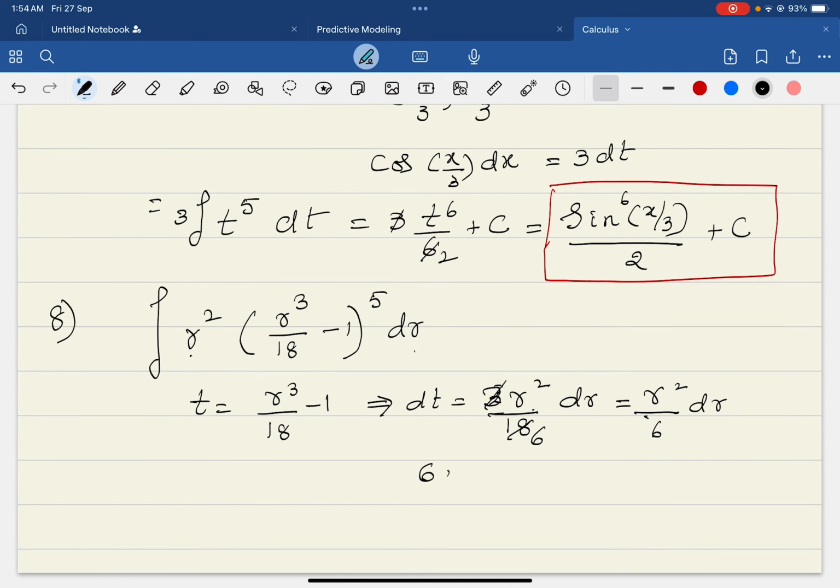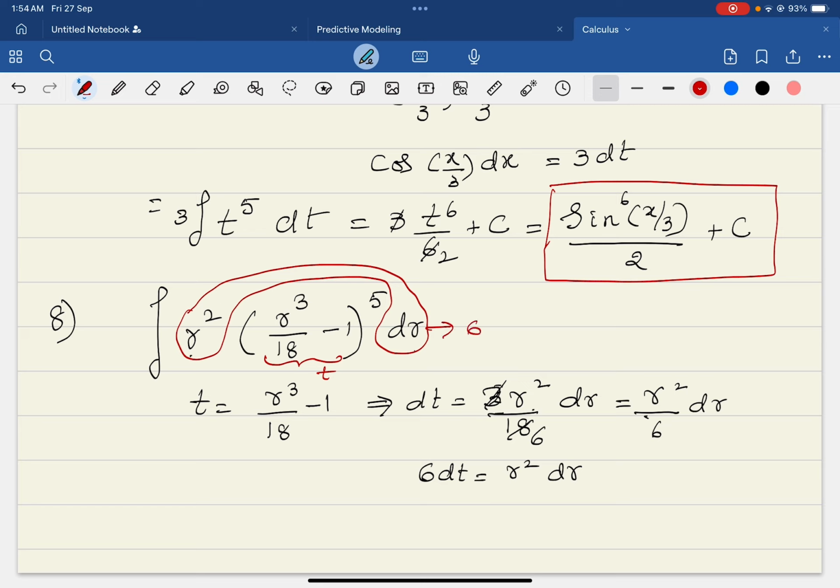So we multiply by 6, and 6 dt is equal to r square dr. So this is what we got. So we replace r cube by 18 minus 1 as t, and we replace r square dr as 6 dt.